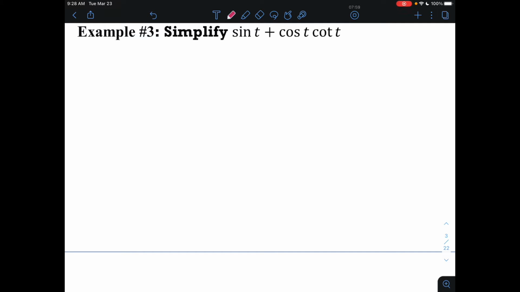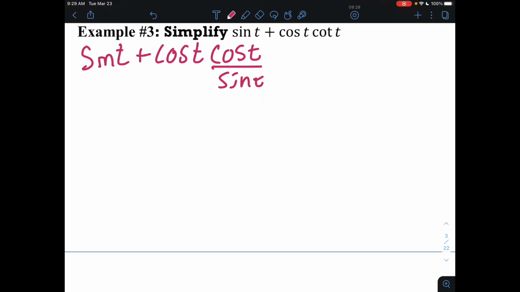Okay, so example number 3, we have sines, we have cosines, and we have that cotangent. If I'm looking at that cotangent, I notice that that's not the same as the sines and the cosines. So I'm inclined to change that cotangent to being cosine over sine.